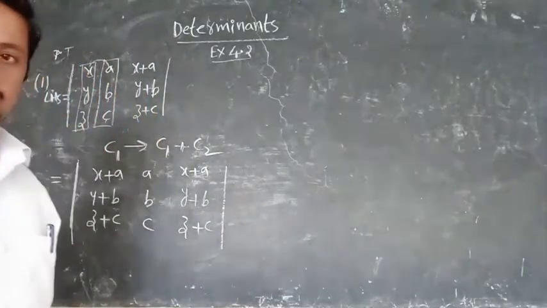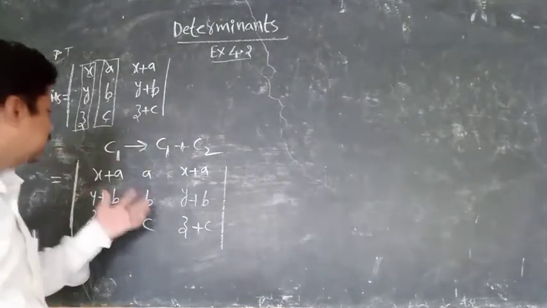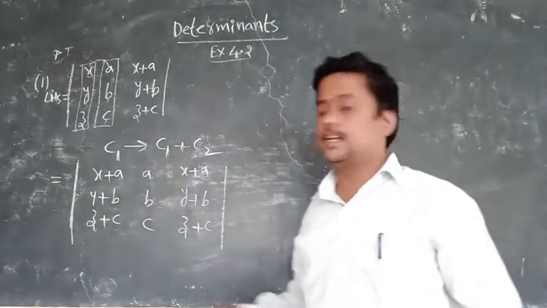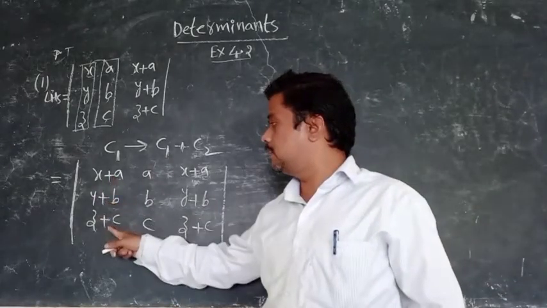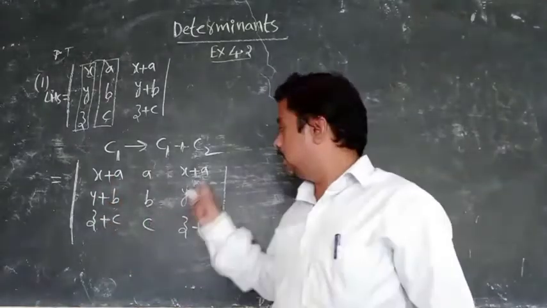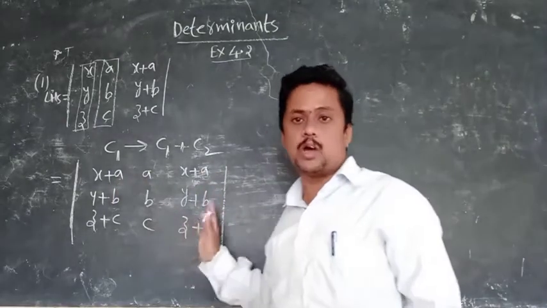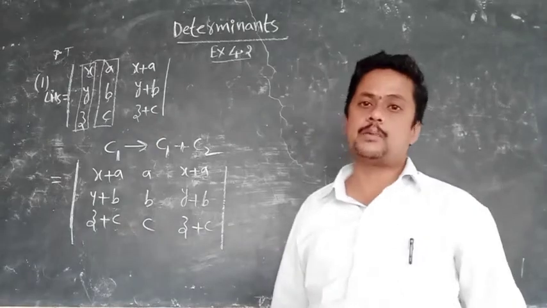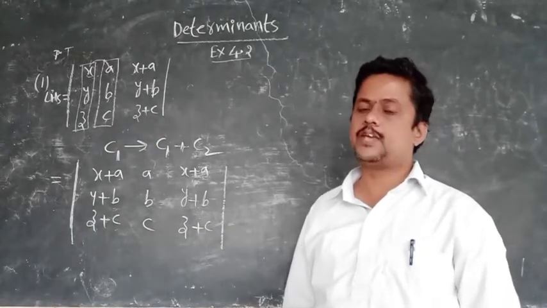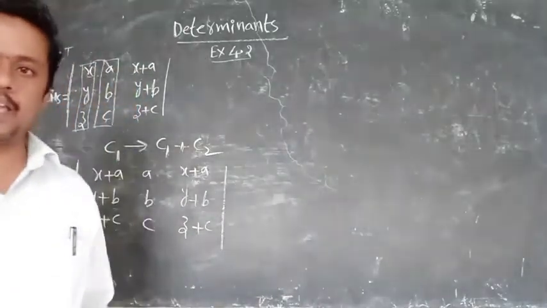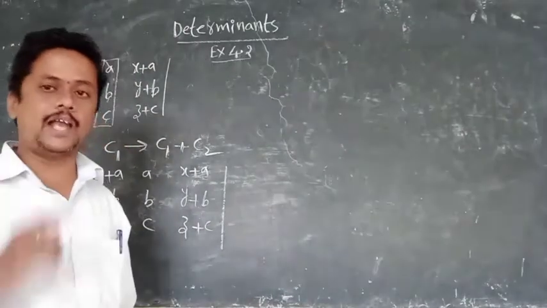Over. Enough. If you observe this step, the first column is x plus a, y plus b, z plus c. In the last column, what is there? x plus a, y plus b, z plus c. Both are the same now. According to the property of determinants, if any two rows or any two columns are identical, what is the result? The value is 0.